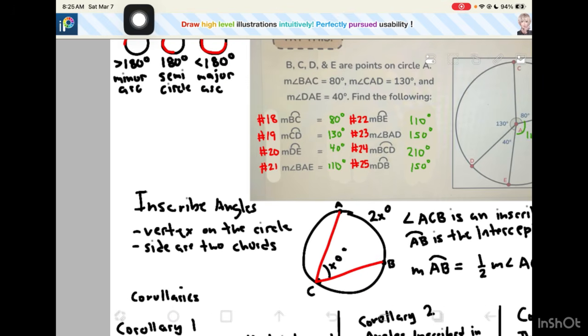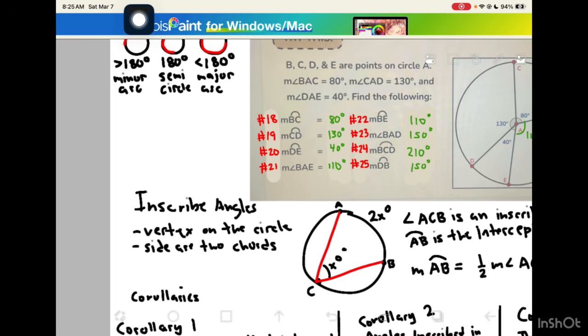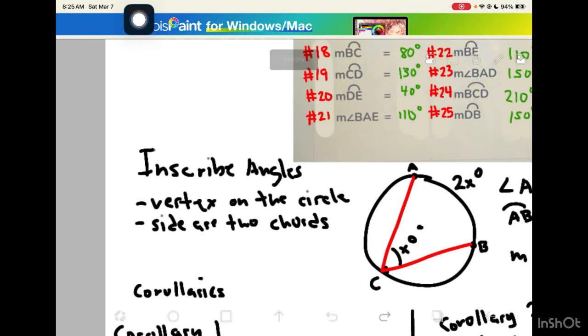Inscribed angles have a different formula for their measurements and their intercepted arcs. The properties of inscribed angles are: the vertex is on the circle and the sides are two chords.